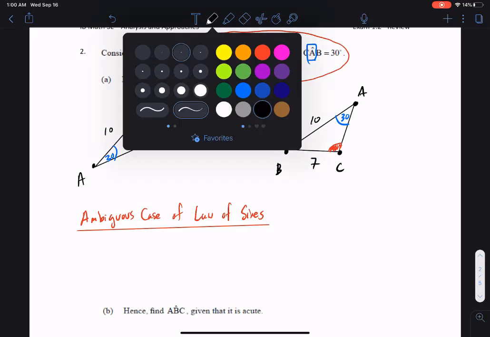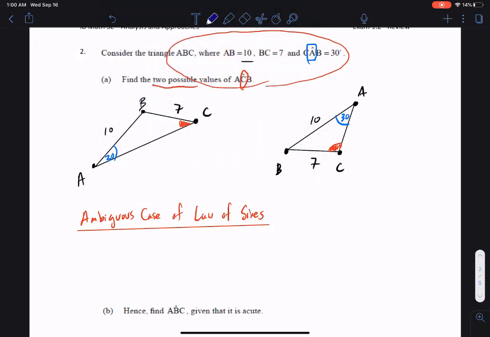All right, here's the deal. So if I solve this, the law of sines says that the sine of any angle over its opposite side is equal to the sine of any other angle over its opposite side. So I can write this as the sine of C, which is this angle right here in red, over its opposite side, which is 10, is equal to the sine of 30 over its opposite side, which will be 7.